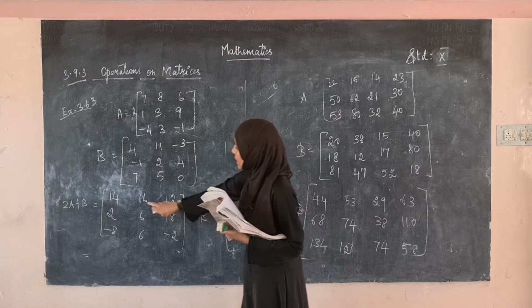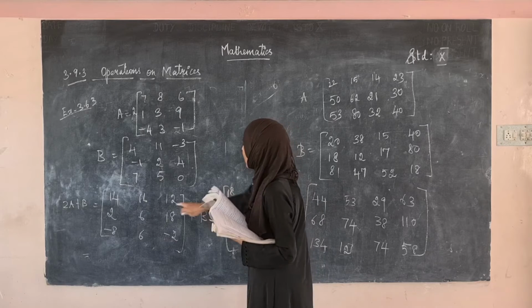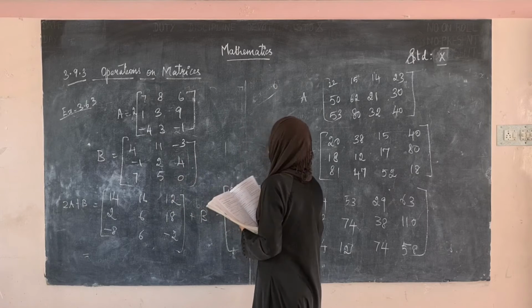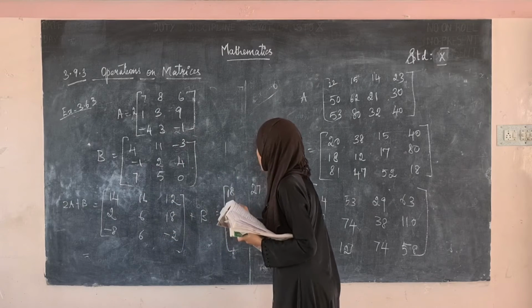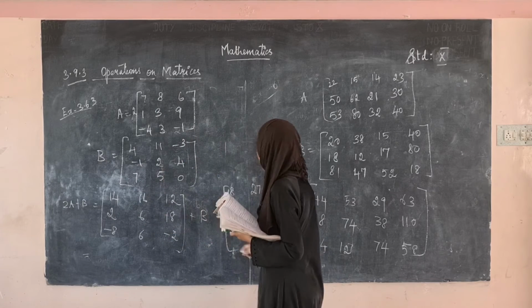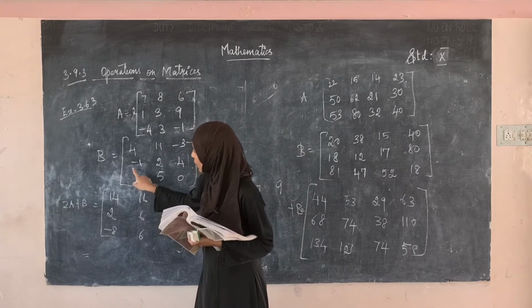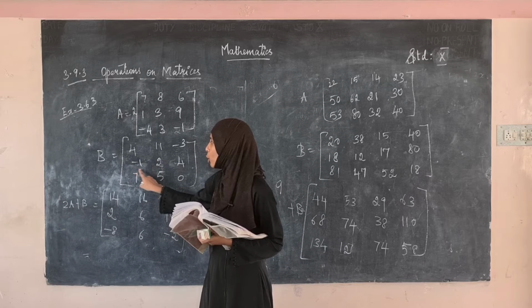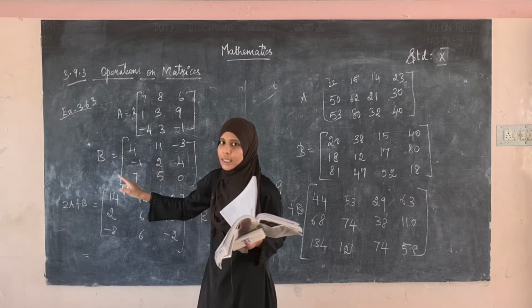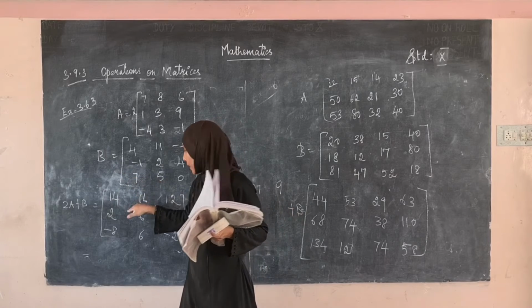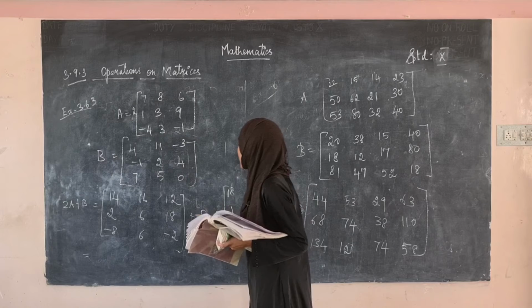And again 16 plus 11 is 27. 12 minus 3 is 9. 2 minus 1 is 1. 6 plus 2 is 8. See here, why are we doing minus here? Because the symbol of this term is minus. Since we are adding 2 plus minus 1, it is 2 plus into minus, it becomes minus. Therefore 2 minus 1. And again 6 plus 2 is 8.